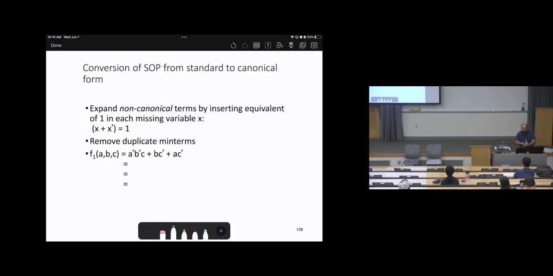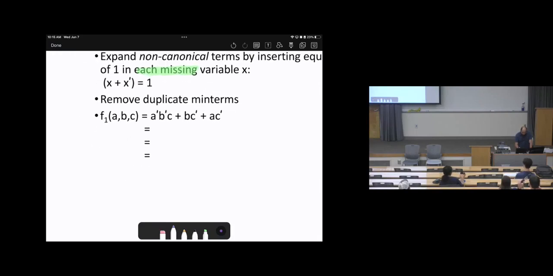So in order to convert the standard form to canonical, as I mentioned earlier, add the missing variable to the terms. As a result, in sum of products, here we have A bar B bar C, plus A plus A bar times C bar, B C bar. Let me rewrite it.